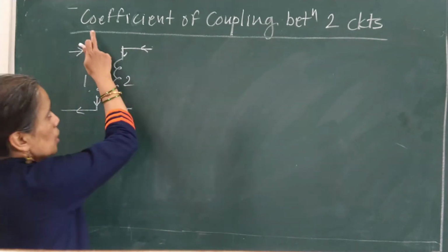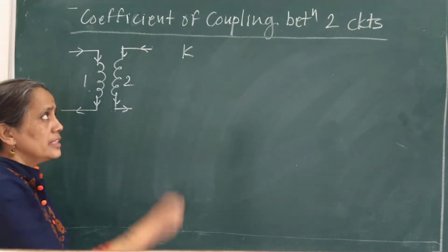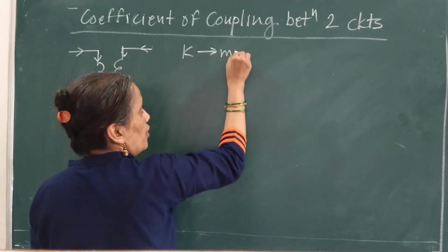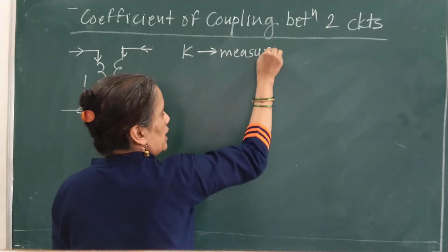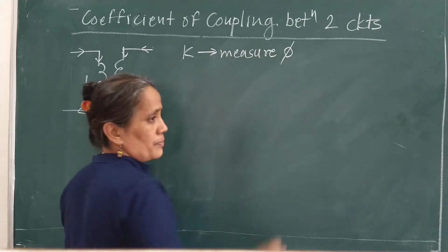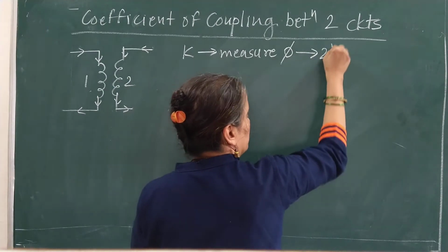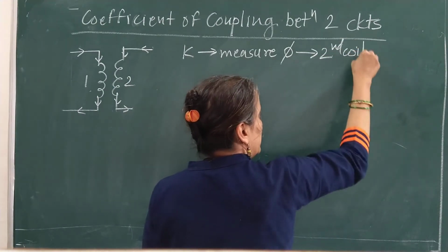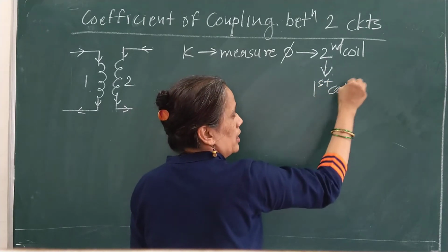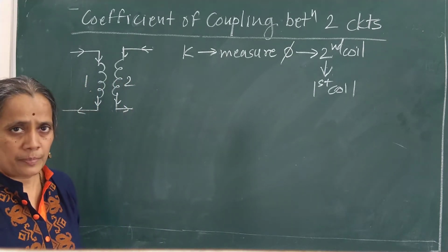This coefficient of coupling is denoted by the letter K. This K value gives the measure of flux in the second coil when that second coil is in the vicinity of the first coil.